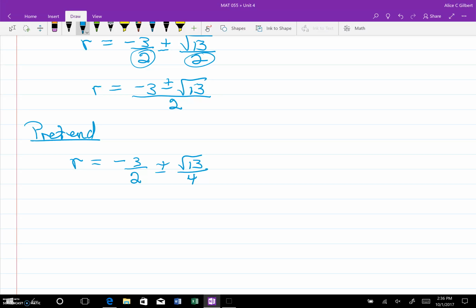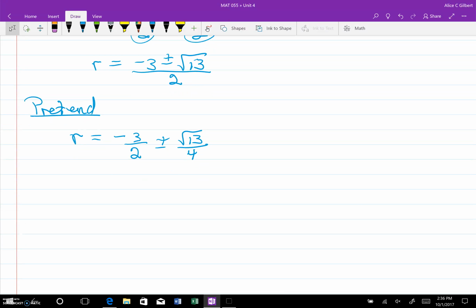Well, my common denominator here is going to be 4. That means I need to change this guy to 4. How do I do that? I'm going to multiply him by 2. If I do that in the denominator, I need to do it in the numerator. And so then I get -6 plus or minus the square root of 13 over 4. Again, write it like this, not like the book does. Okay, still pretending.